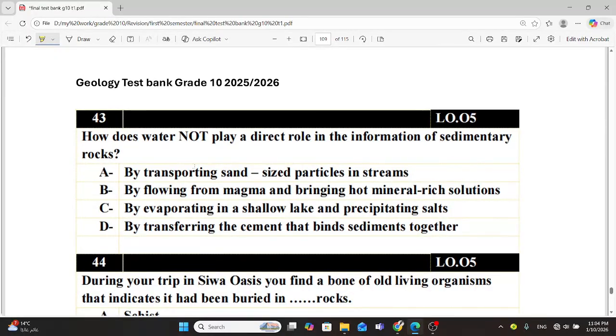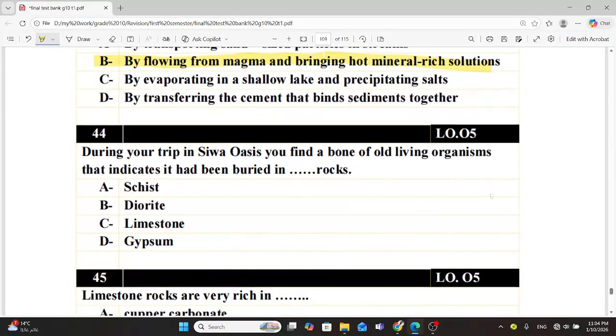Question 43. How does water not play a direct role in the formation of sedimentary rocks؟ تمام اللي هي by flowing from magma and bringing the hot minerals rich solution. طيب during your trip in Siwa Oasis you find a bone of a living organism that indicates it had been buried in limestone rocks.